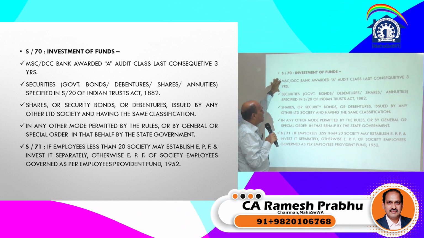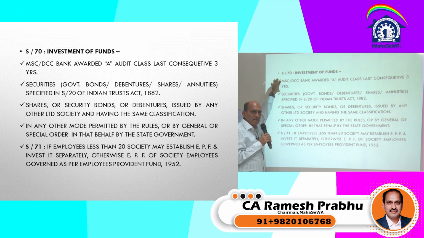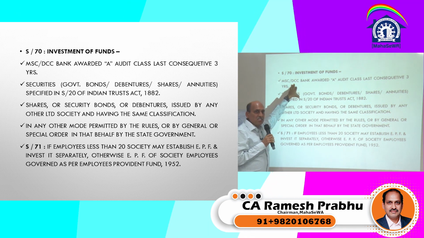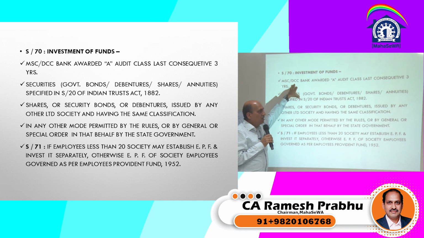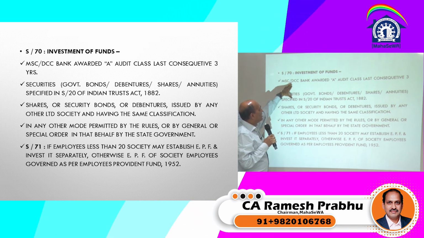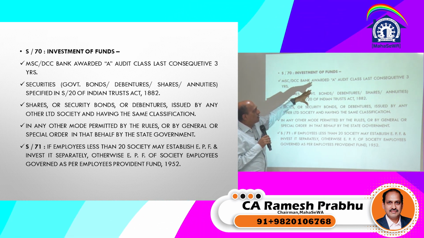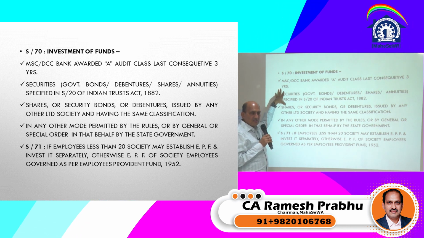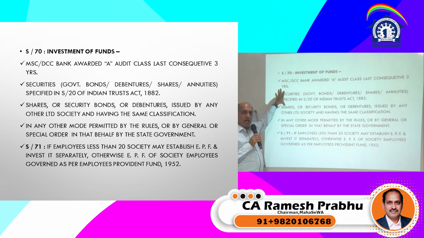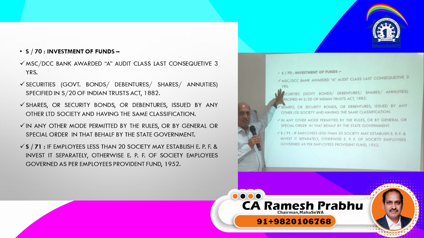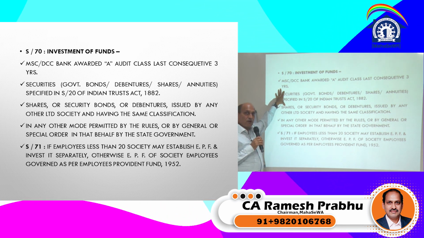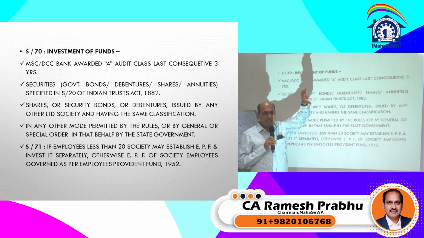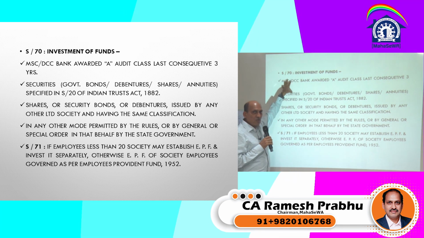One is the Maharashtra State Cooperative Bank or District Central Cooperative Bank, DCCB, awarded A audit class in the last consecutive 3 years. That means if in the last 3 years that particular society or bank has an A audit class, then only you can invest.